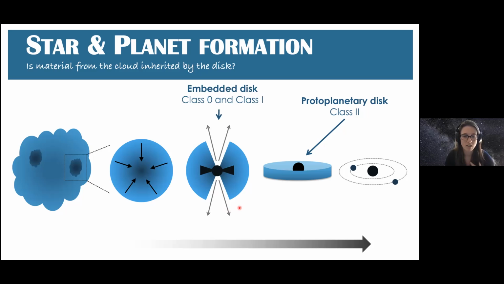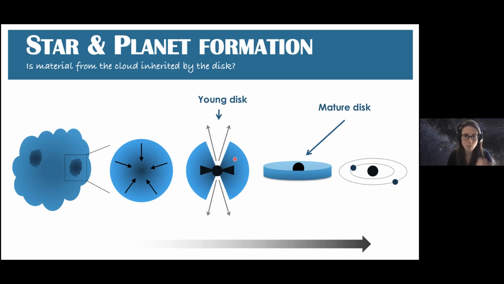So based on the spectral energy distribution, we call these protoplanetary disks also class 2 disks, and these embedded disks class 0 when the envelope is still dominating, and class 1 when the disk and the stellar mass are dominating. Throughout my talk, I also refer to these systems often as young disks when they're still embedded, and more mature disks when they don't have an envelope anymore.